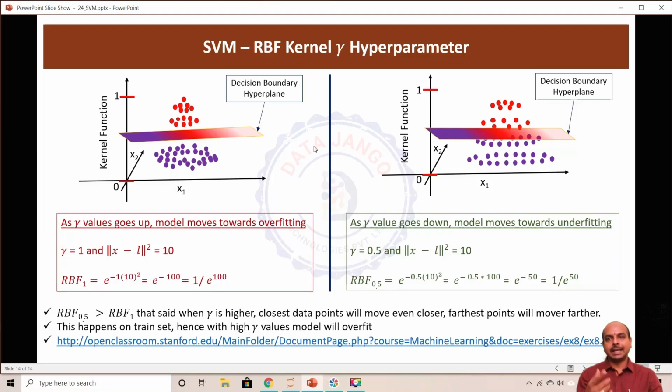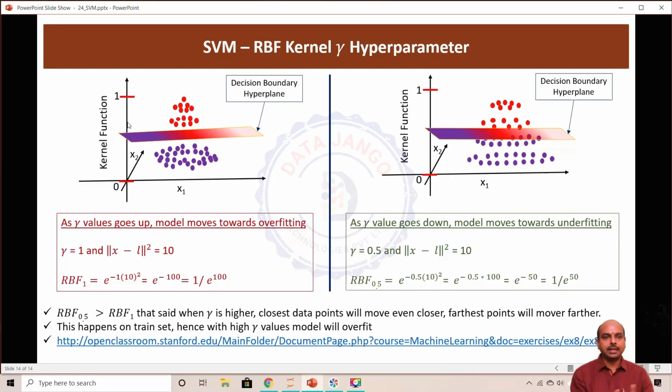So when you apply the kernel trick, what happens? I said when a data point is close to the landmark, you will get a value which is close to 1, right? So there is a third dimension we are getting now. The x1 and x2 are the columns in the data set, and then you calculated the kernel function value.